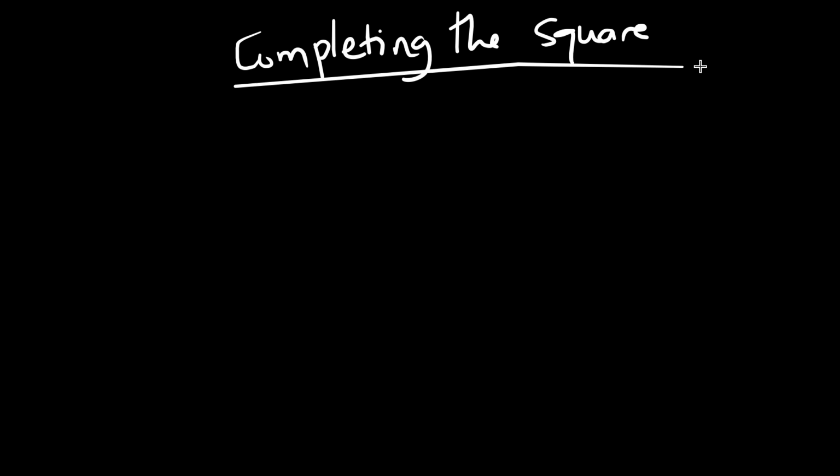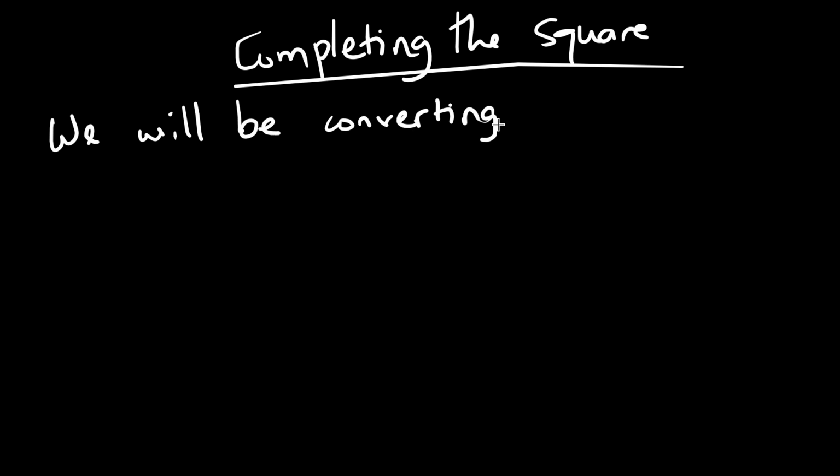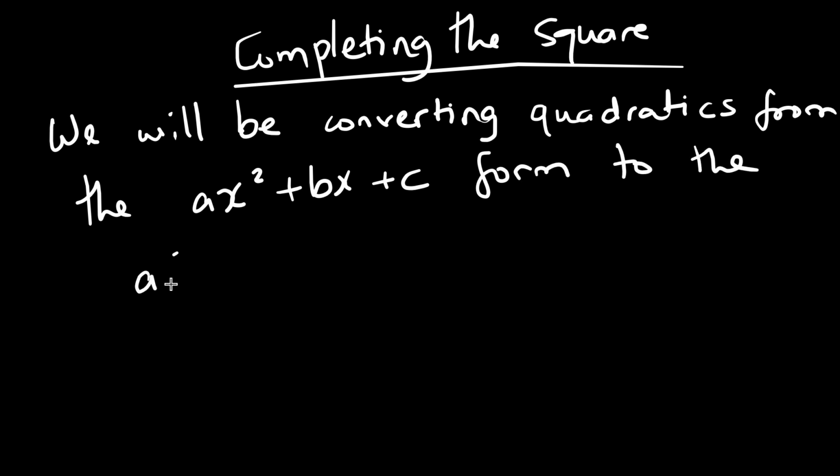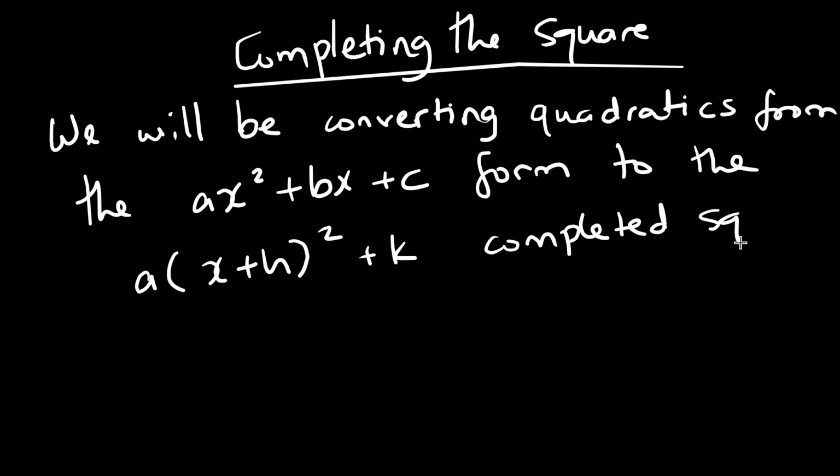It can give you the axis of symmetry. Let me just make a note. So we will be converting quadratics, quadratic expressions from the ax squared plus bx plus c form to the a open bracket x plus h all squared plus k completed square form.